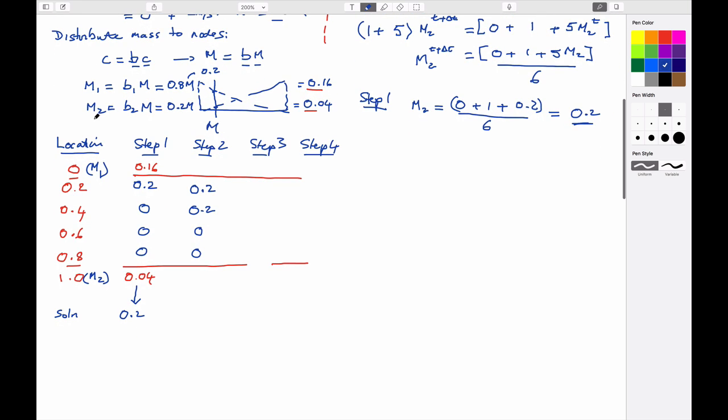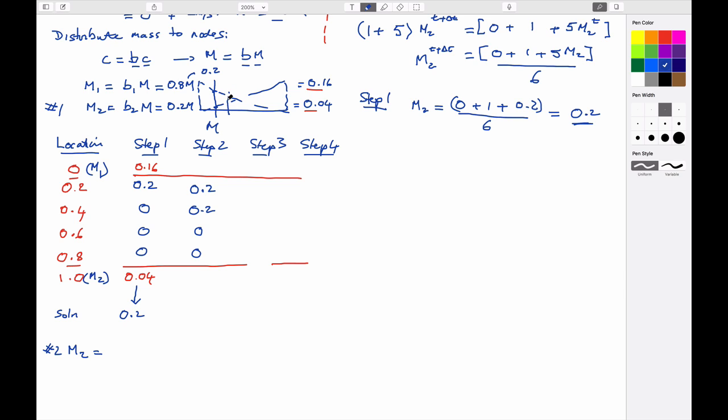We can do the same calculations we did before to calculate what the mass is, and the mass at node 2 at the next time step. So this is time step number 1. This is time step number 2. So M2 is going to be equal to what?